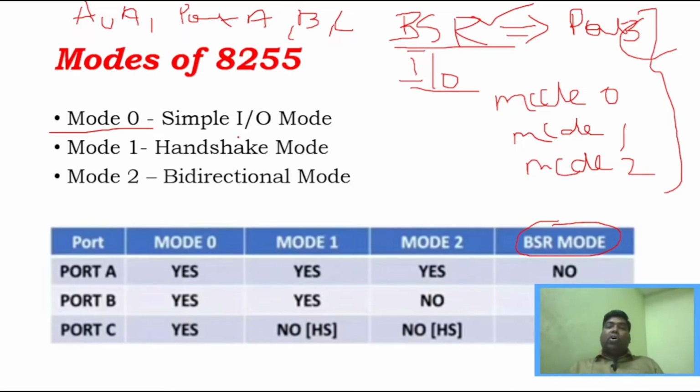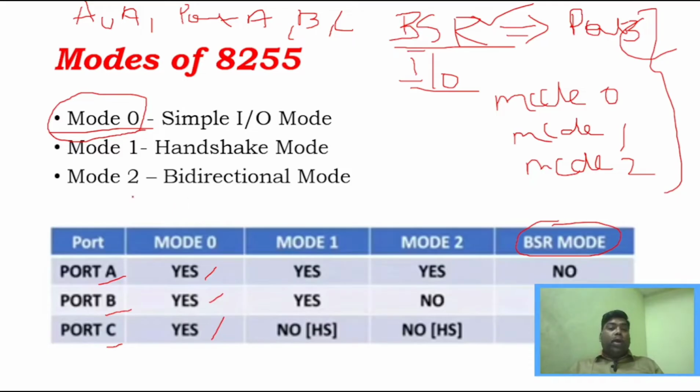That is called simple IO mode. There is no data transfer here and no interface handling capability. All three ports, port A, port B and port C, support this particular mode, mode 0, where there is no data transfer.